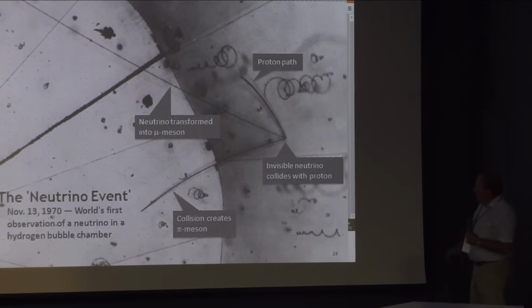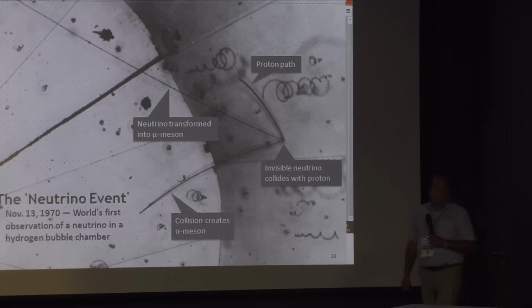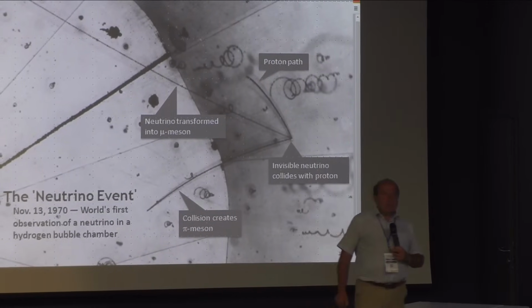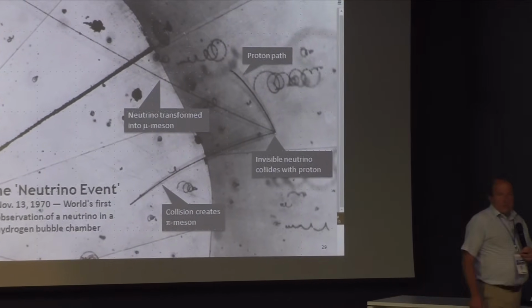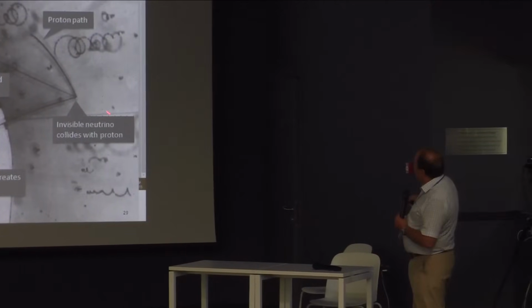Okay? And I'm not able to see it. It's invisible. We are not able to see it. That's why we call it a ghost particle, because we are not able to see it.